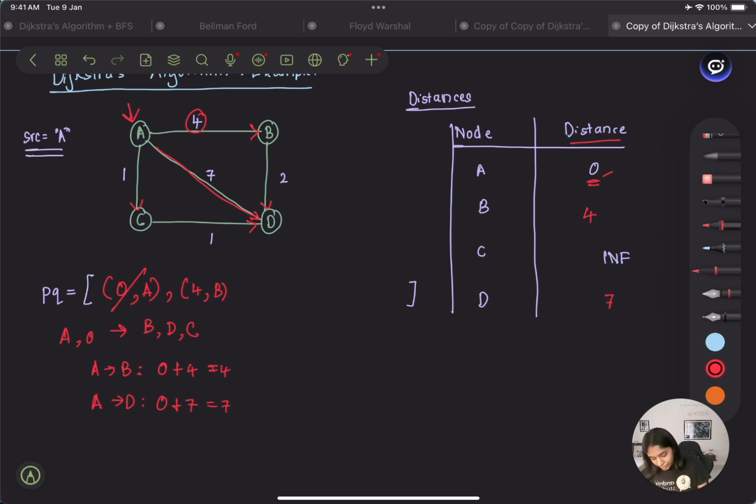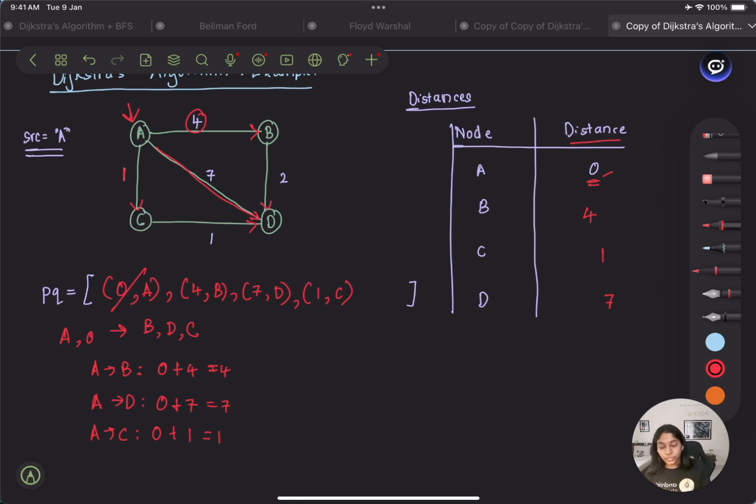Let me add that over here: it's 7 to reach the node D. And A to C: 0 plus 1 is 1. Again, I update this to make it a distance of 1, and add this over here. So it takes a cost of 1 to reach C.